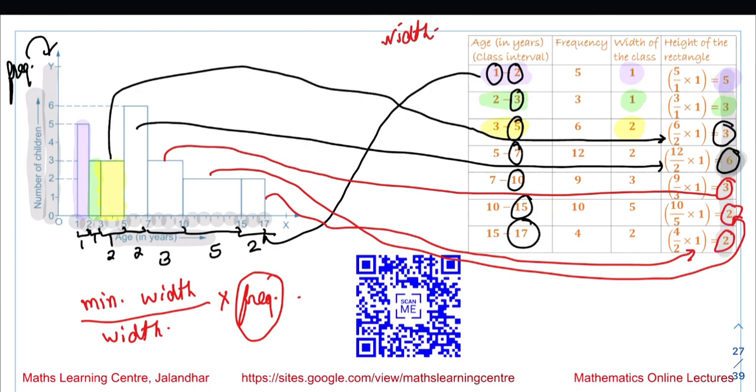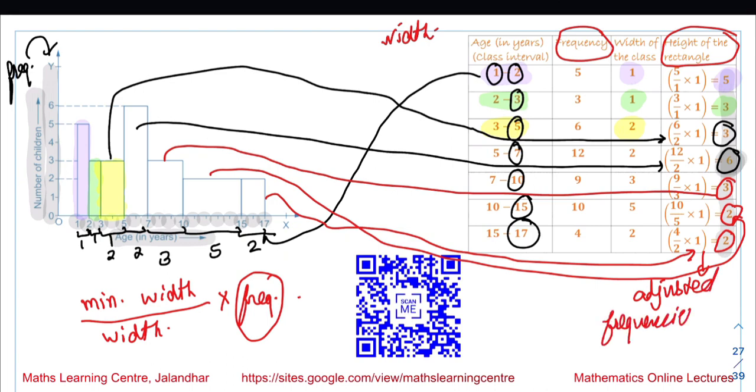So we are not using these frequencies, but we are using the adjusted frequencies. You can say these are adjusted frequencies, or these are the heights of the rectangles that we require to draw the histogram.